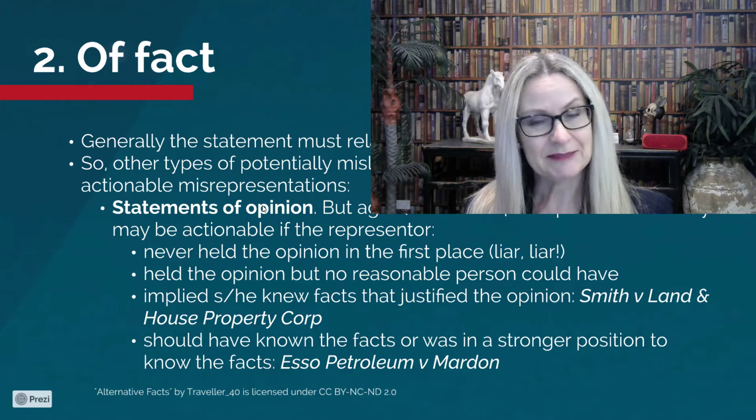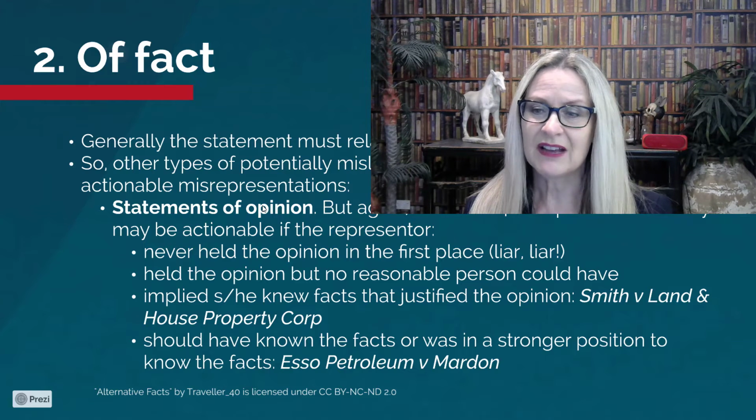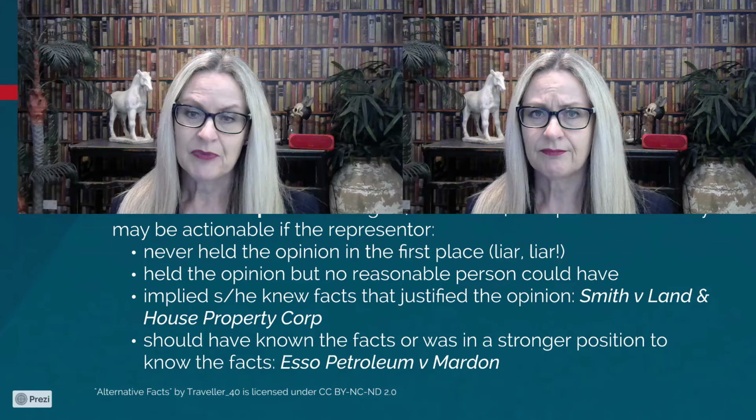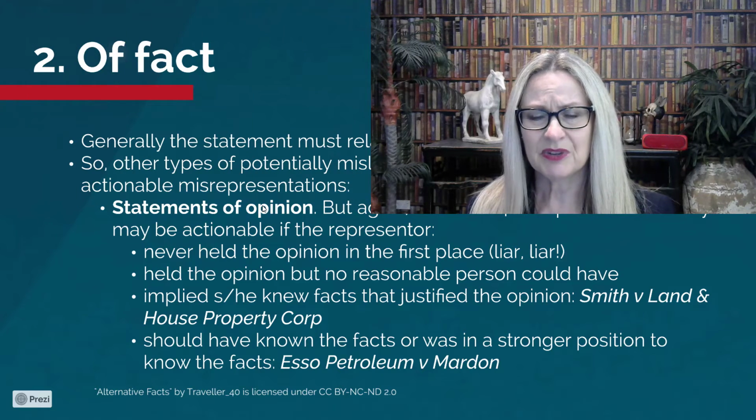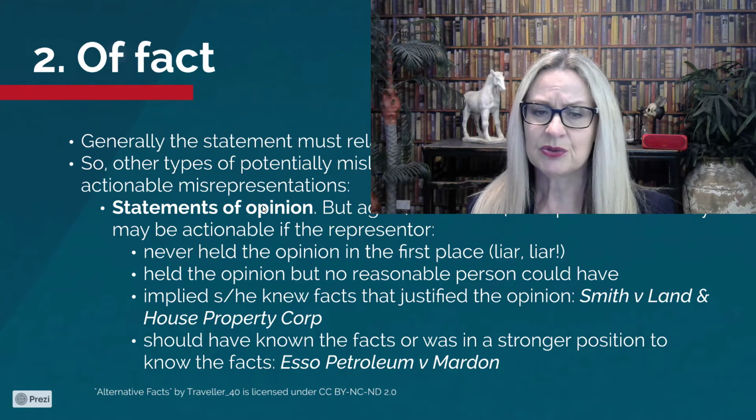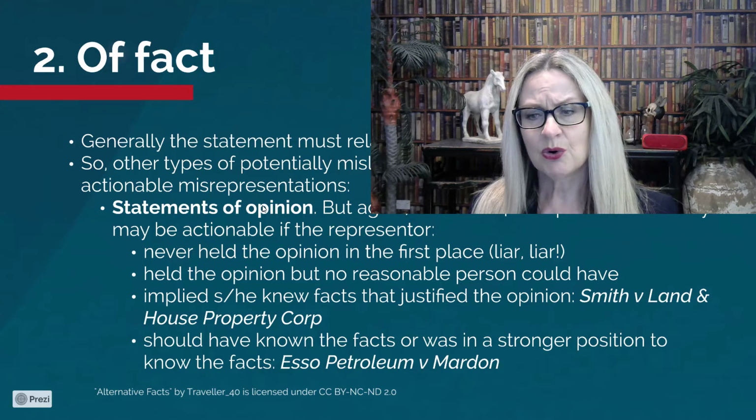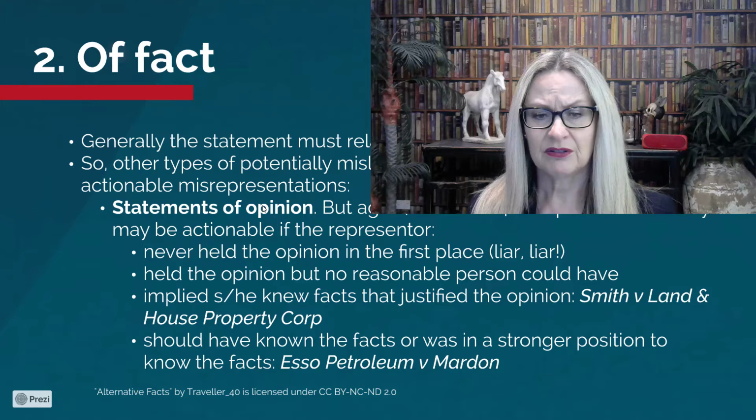Unfortunately, there was none. So that's Smith and Landon House. The final one is something similar. The representor should have known the facts or was in a stronger or better position to know the facts. And there we have Esso Petroleum in Marden.